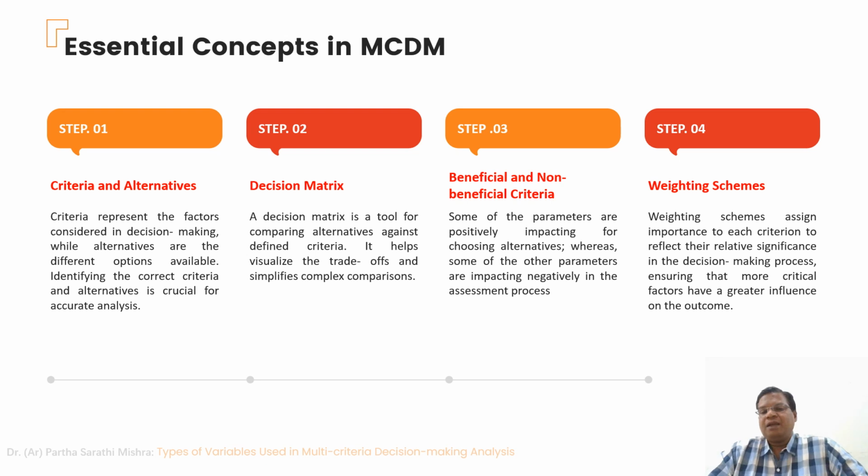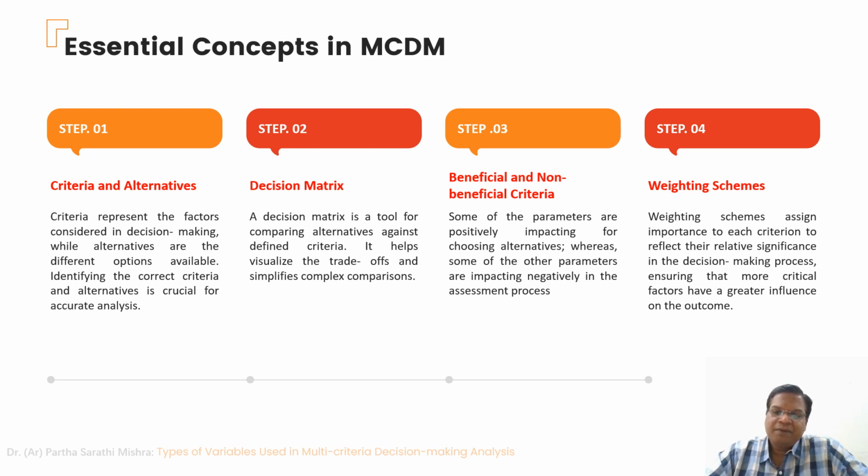Again, another important point involved is whether the parameters are beneficial or non-beneficial criteria. I can give you an example of water. In water, we have different types of parameters. I am just giving two examples: one is the water purification level and the other is the water pollution level.